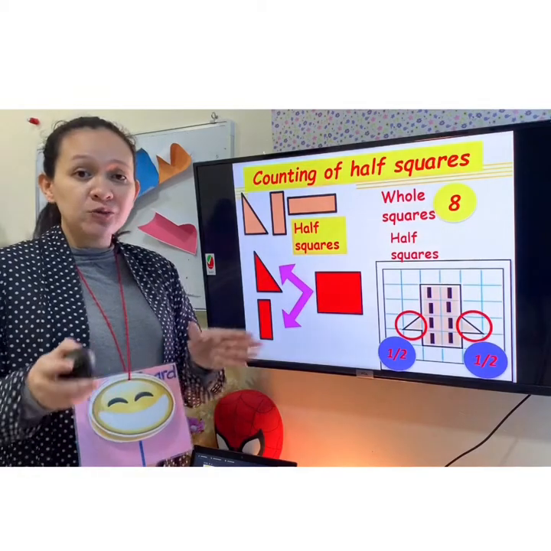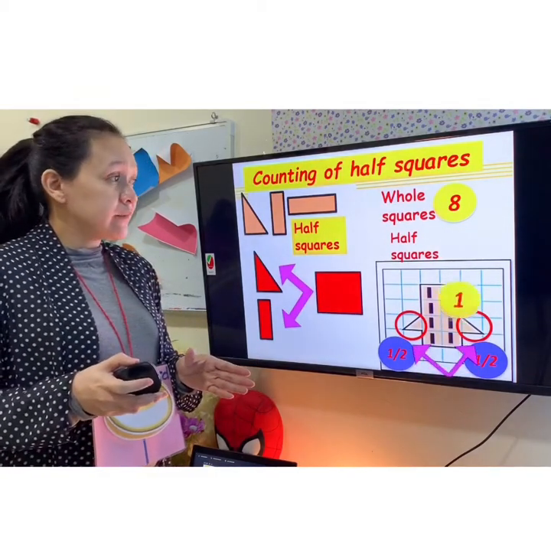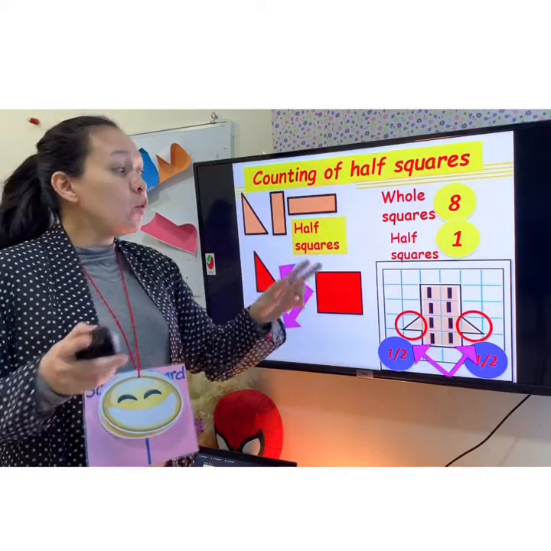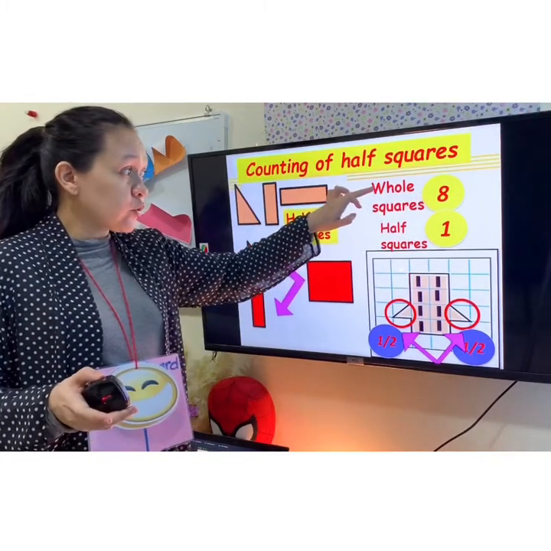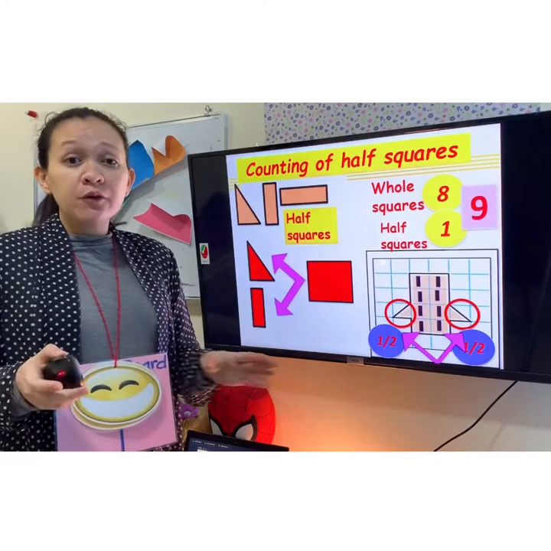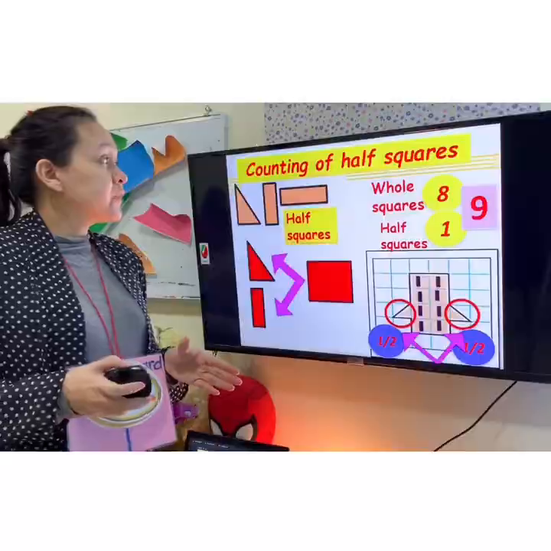We are going to add both of them, so it is equivalent to 1. So we have now 8 whole squares and 1 more square from the halves. We add them, so the area of this figure is 9 square units.